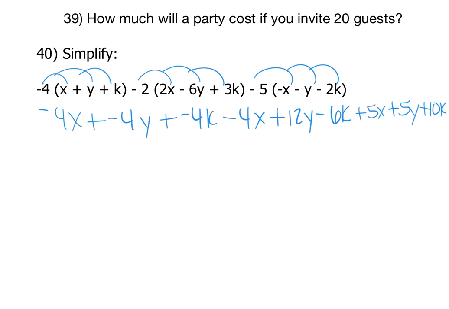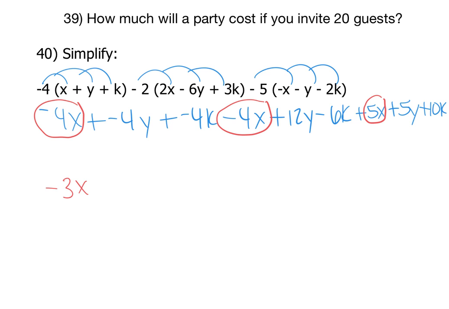From there, I'm going to put my like terms together. So I'll put all of my x's together. So there we've got one there and one there. So a negative 4 and a positive 5 will give us a negative 3x.